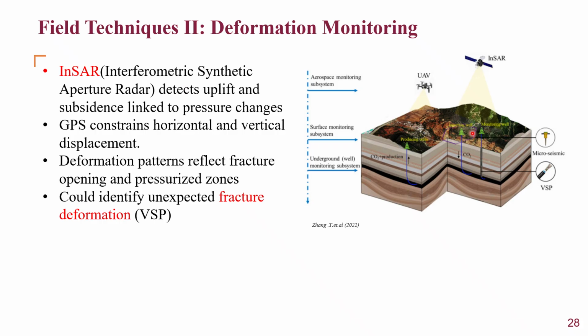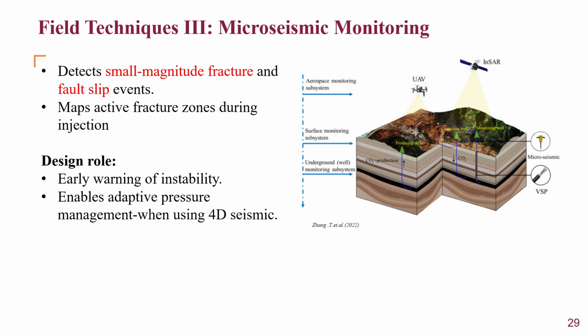Deformation patterns reflect fracture opening and pressurized zones. So when these deformation patterns are picked up by the InSAR, it can tell us exactly what is happening in the subsurface, whether there's some fracturing occurring or there are pressurized zones. And then the VSP, that's the vertical seismic profiling, can also help us detect unexpected fracture deformations.